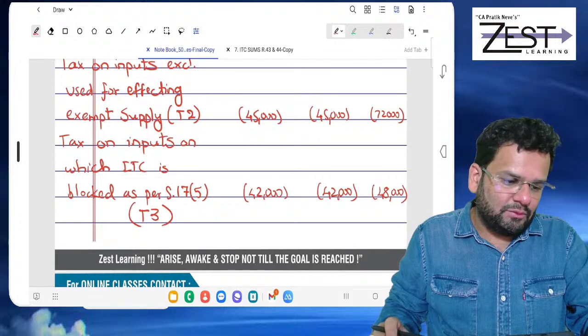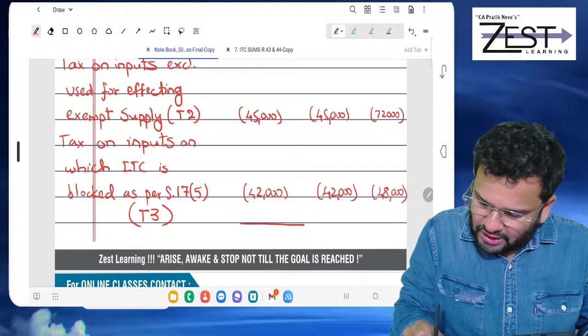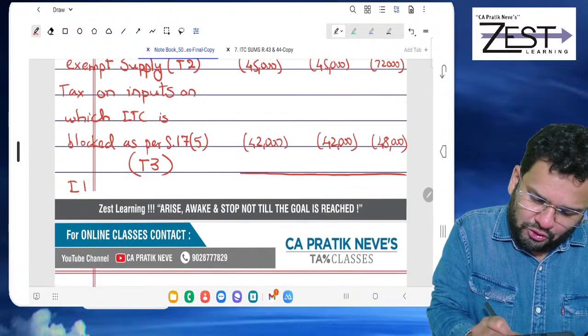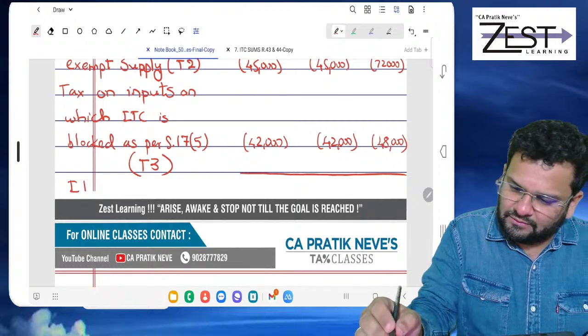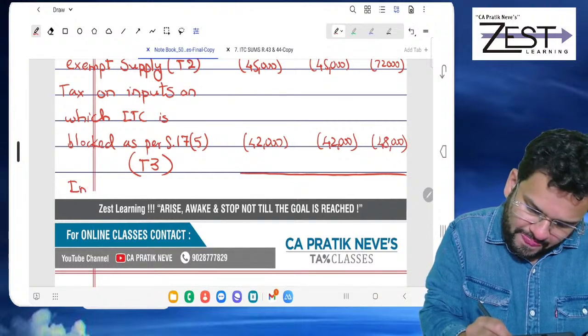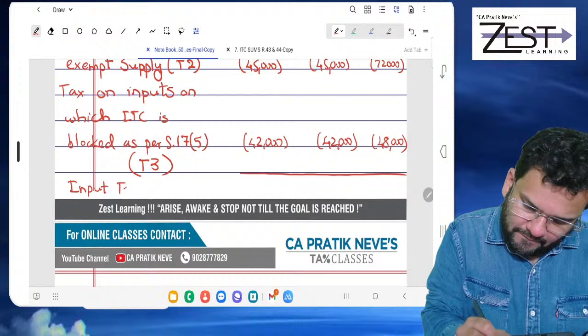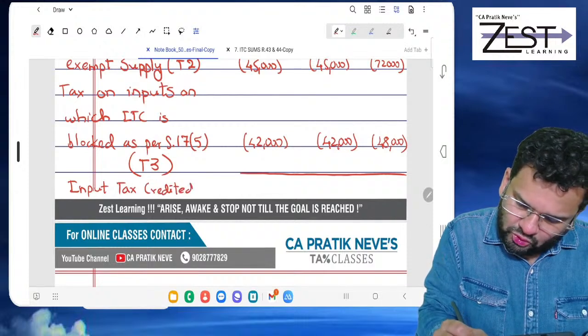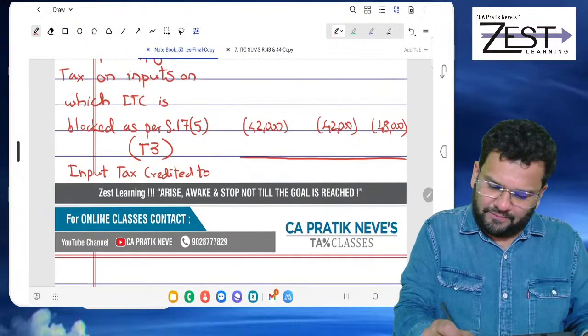You will get input tax credited to e-credit ledger. So can you tell me what is input tax credited to e-credit ledger?